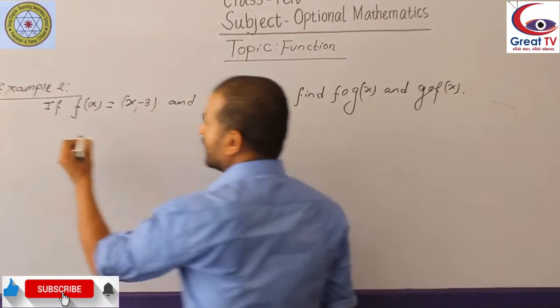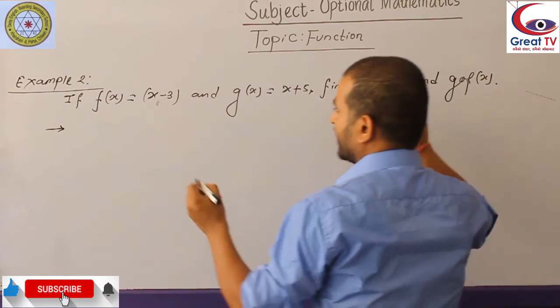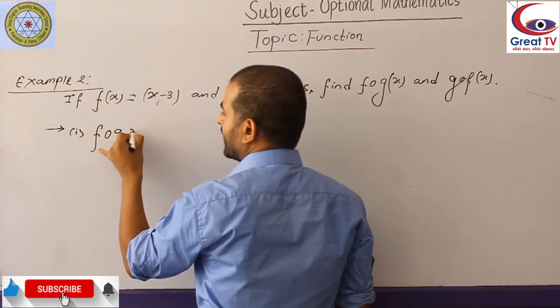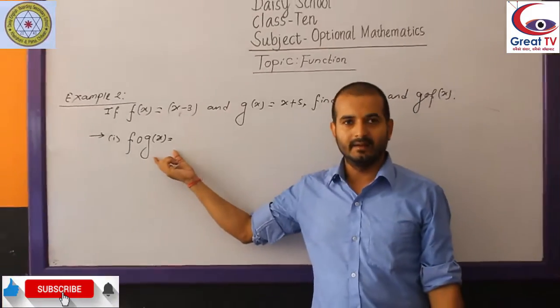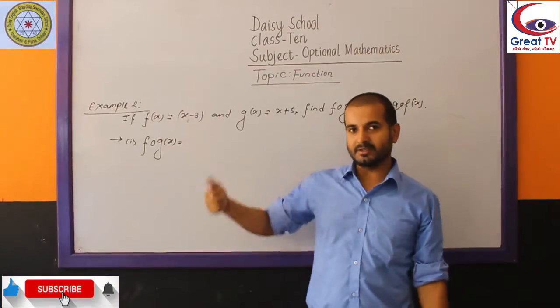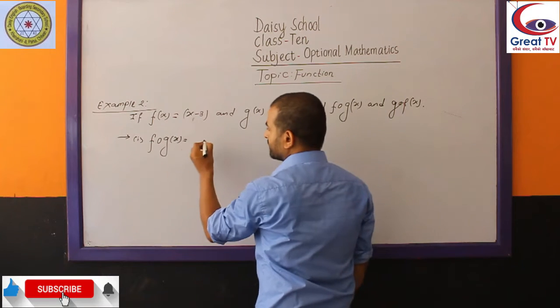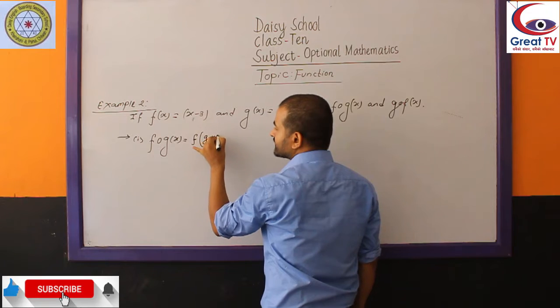Let's find the first composite, f o g(x). Can you tell me which one is the first function here? g. Definitely g should be processed first, followed by f. So let's write it here: f for which g(x) is the input.